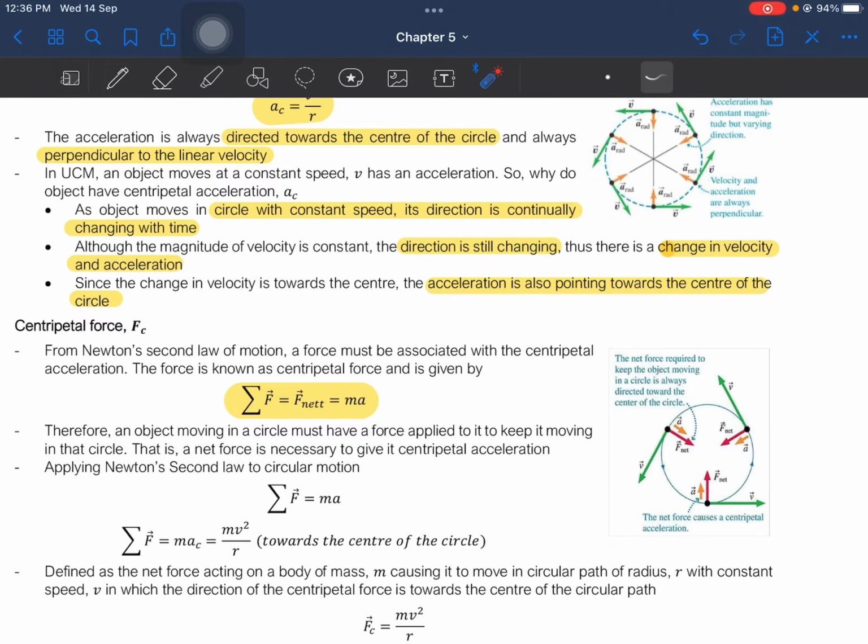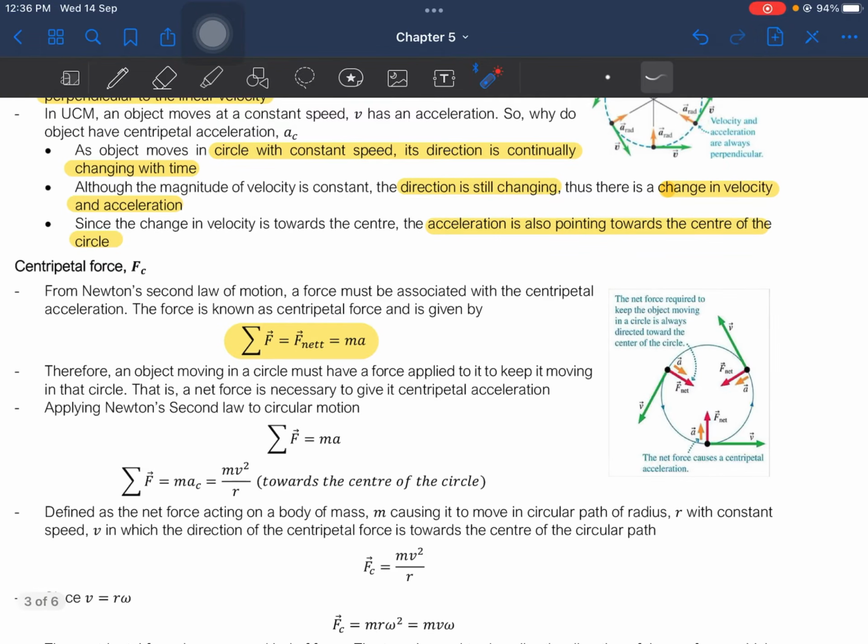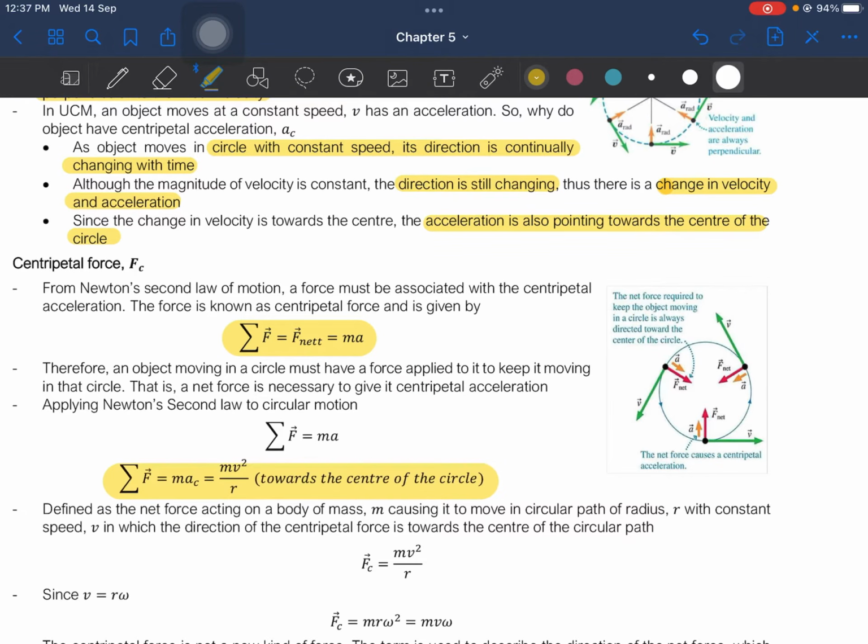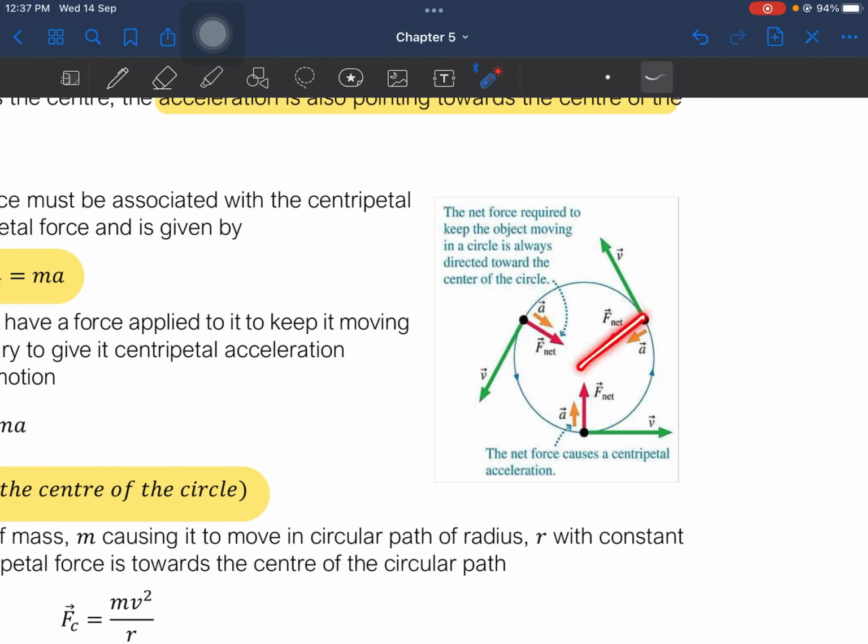Alright, so we can apply Newton's second law to this circular motion, and we get a formula that relates the radial acceleration and the linear velocity. Remember the force is directed towards the center of the circle.